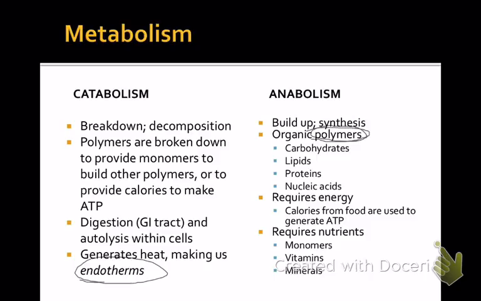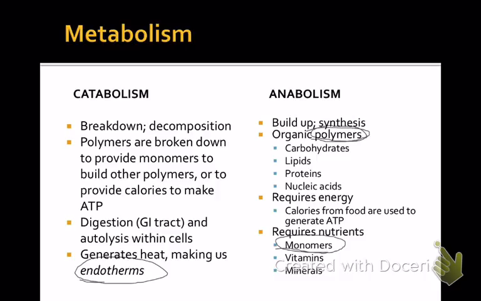And then the term monomer, what is that? That's the 1 unit, so the 1 glucose molecule or the 1 amino acid molecule. And then we also need vitamins and minerals. Vitamins and minerals are very often used as enzyme cofactors. Not always, but often.